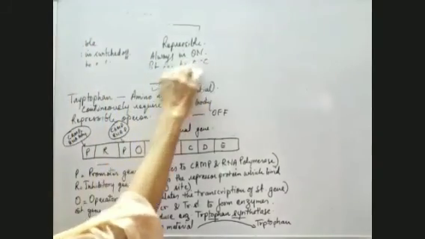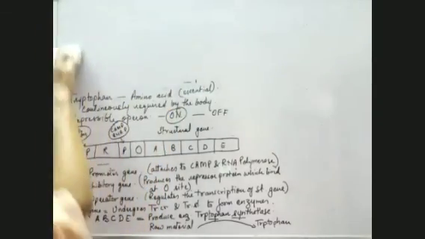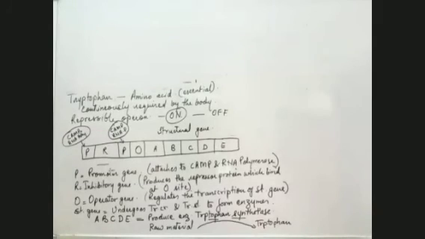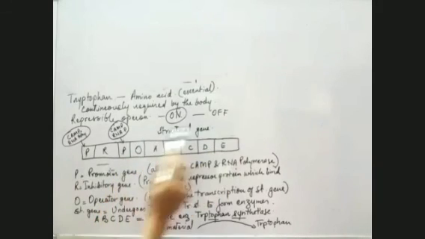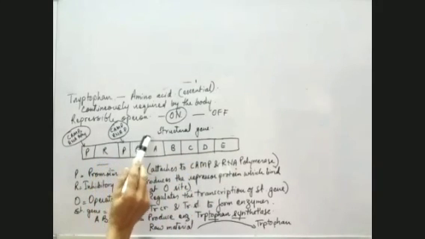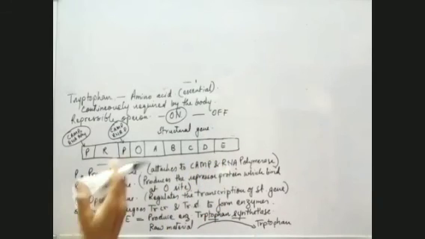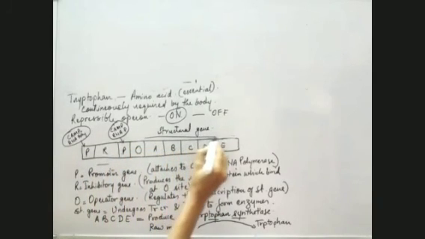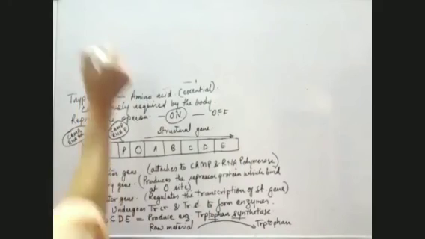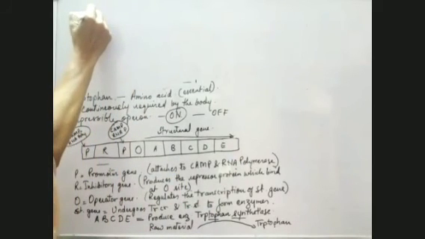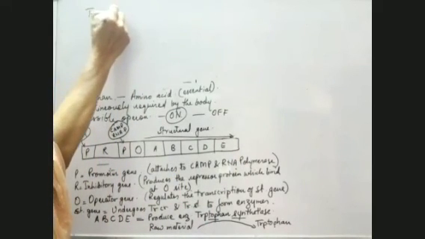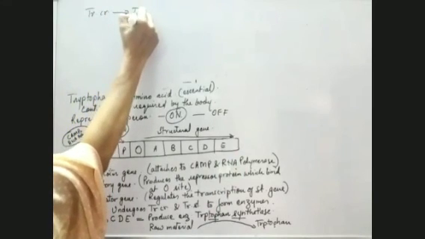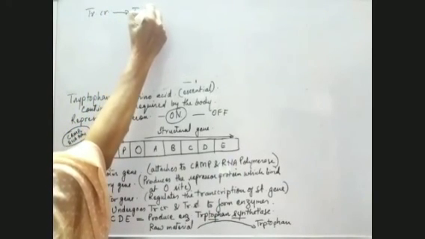When there is no hindrance, this RNA polymerase will slide over this structural gene, and as a result, transcription will take place, and because of transcription, tryptophan synthetase will be produced.